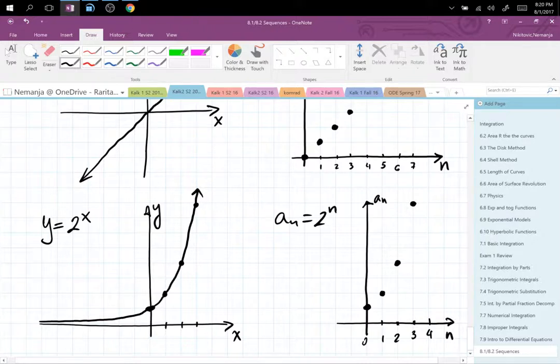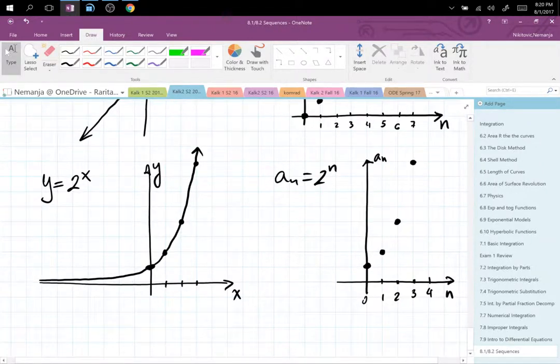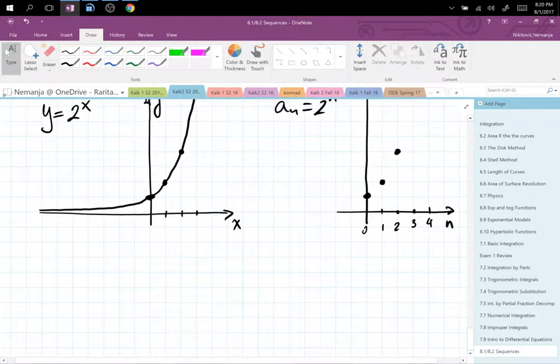So the input axis is n, the set of natural counting numbers, and the output axis is a_n, which are the answers, the good old y. So we can graph these. Every time you overlay the two graphs, they have to follow exactly. So that's graphing.